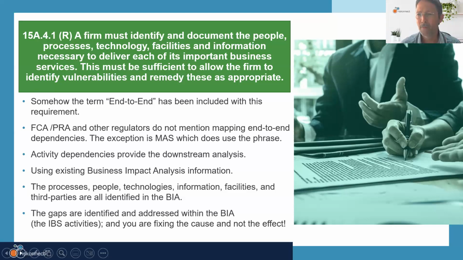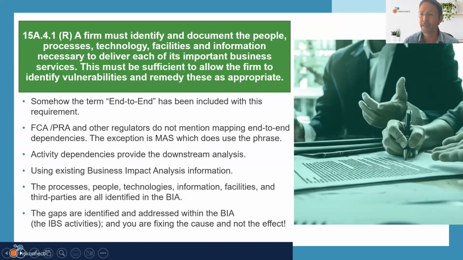Okay, so we've heard the term end-to-end, that is mentioned in some of the regulations, but what it doesn't state, and what's become conflated, is the term end-to-end and mapping. When we talk about end-to-end, what we're talking about is the identification of the service from the consumer end. So right from where it's being consumed all the way down into the business, the level 1 activities that support that important business service.